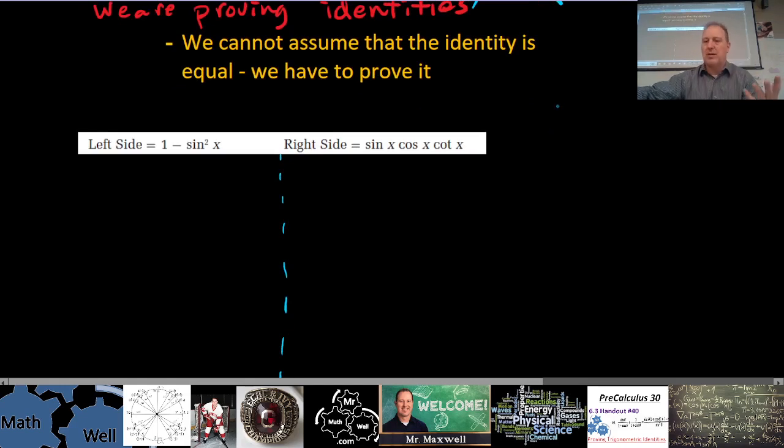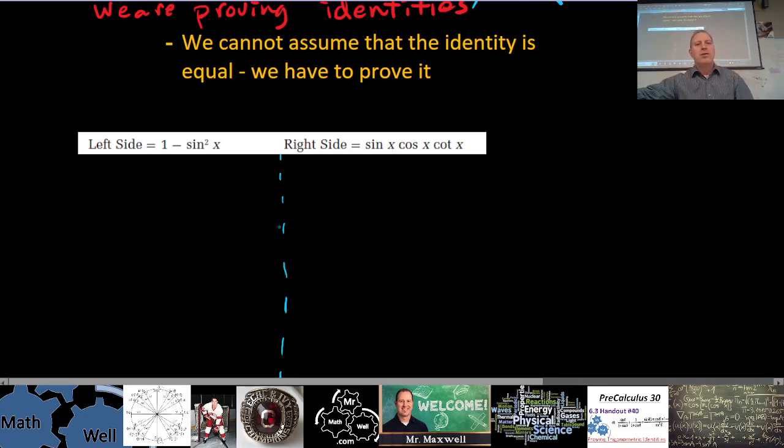So here's an example. We've done something like this already, we've led up to this. But here's something that, in words, we're going to try and do. If the left side of the proposed equality is 1 minus sine squared x, and the right side of the proposed equality is sine x cos x times cotan x, then we are trying to adjust, manipulate or rearrange one side at a time to make them look the same, to make them look equal.